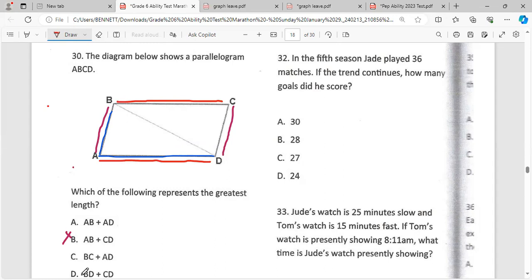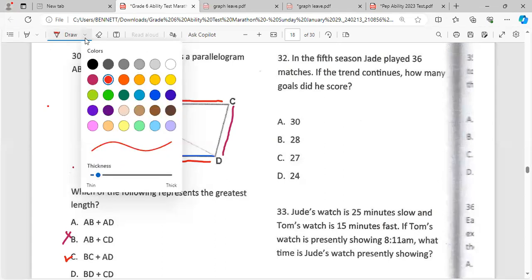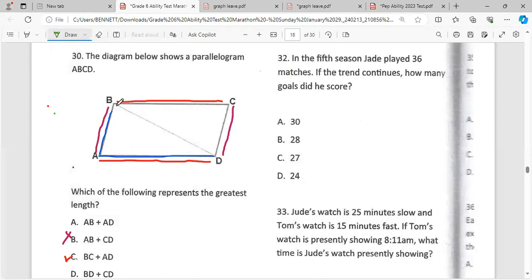And then we have BD. So that's the diagonal, which is here, BD, and then CD. So that's another short side. So yeah, I agree, it's C. You see that, guys? Yes, sir, it would be C, the orange color.